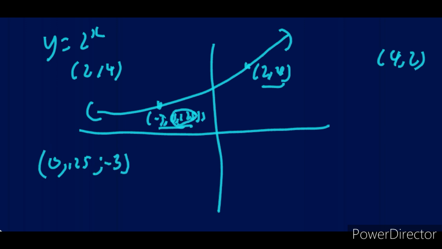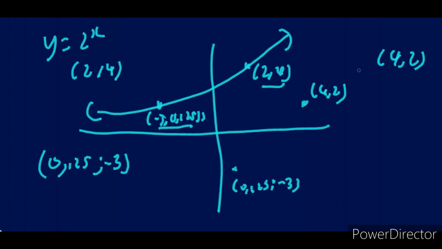It's better to write it in fractions, but you need decimals so that you can locate the point and know where it is on the graph. So where is 4 to 2? It would be somewhere here. And then 0.125 is somewhere close to the y-axis. It's to minus 3, so it's going to be somewhere here.